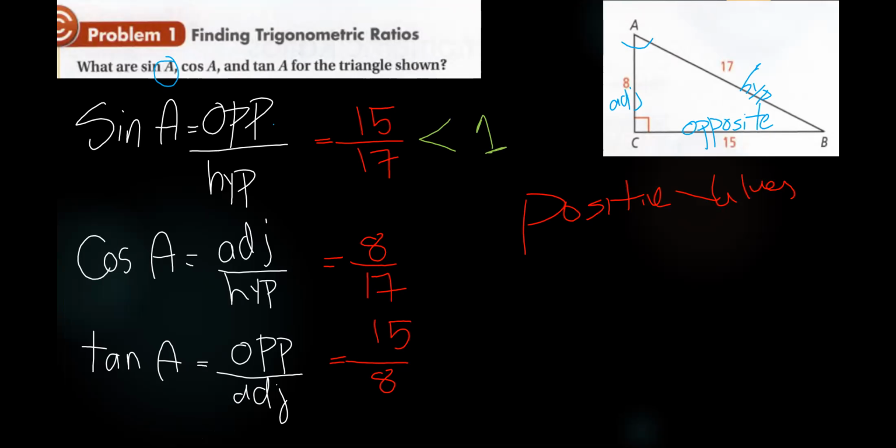And the cosine must be less than 1. Tan could be greater than 1. It can be like this example here, 15 over 8, which is greater than 1.